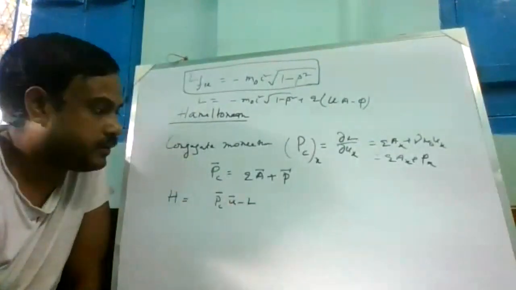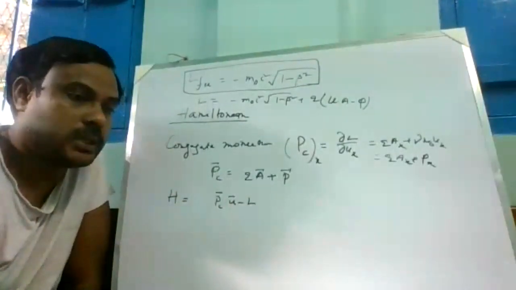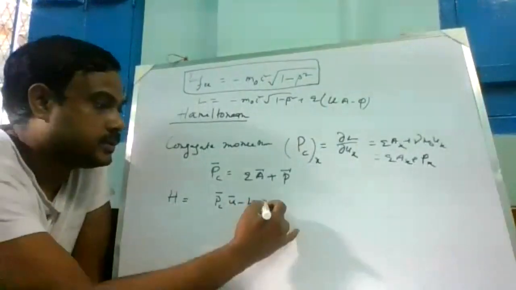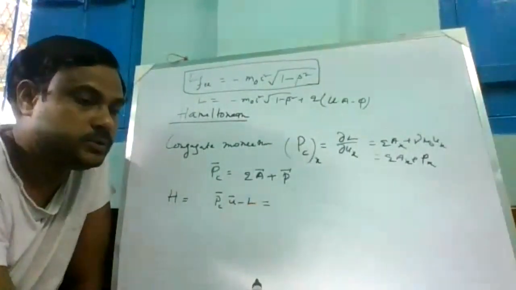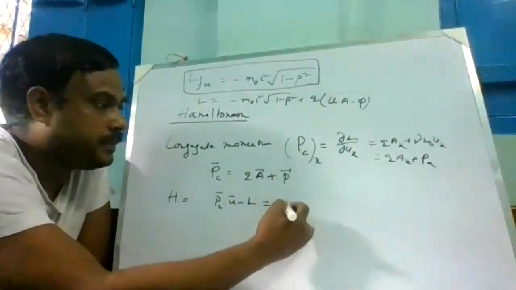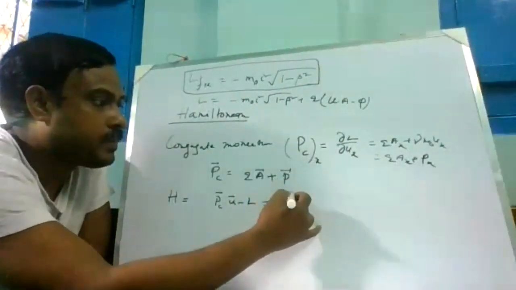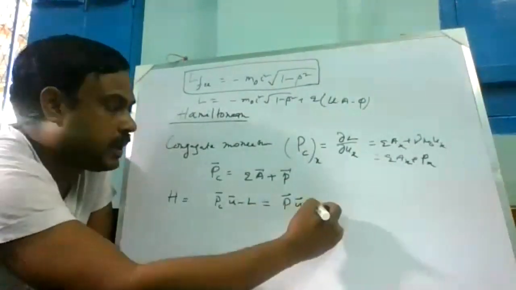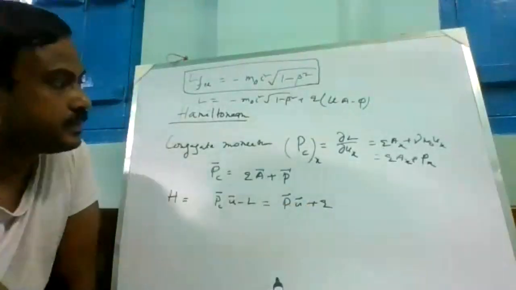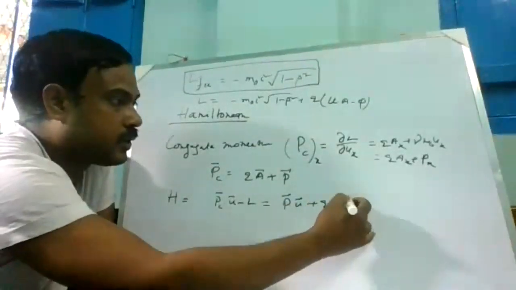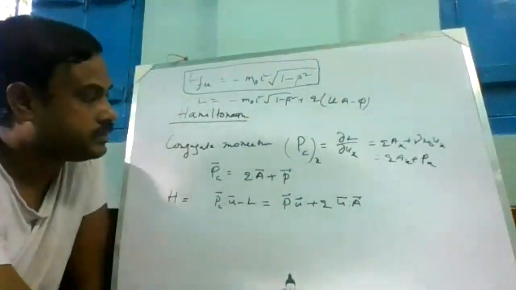So Pc dot u minus L will be equal to P dot u plus qA dot u.